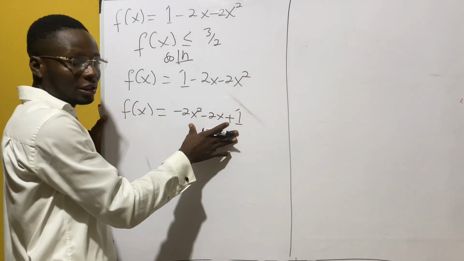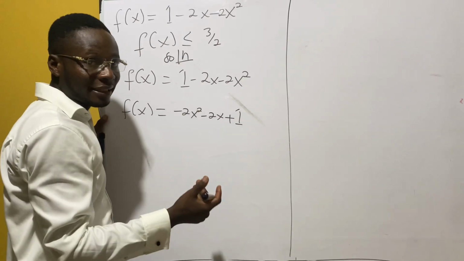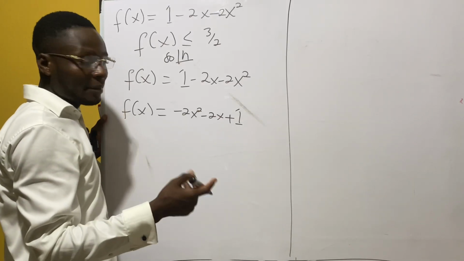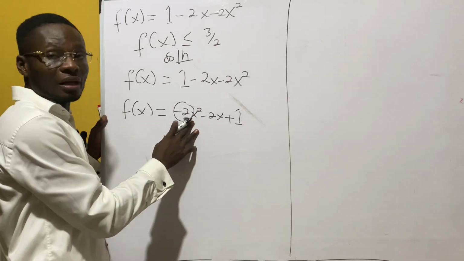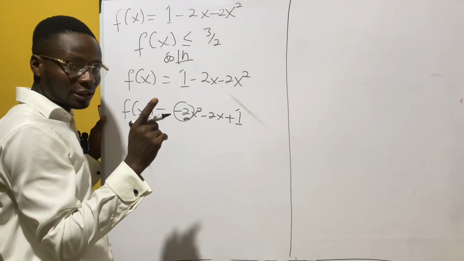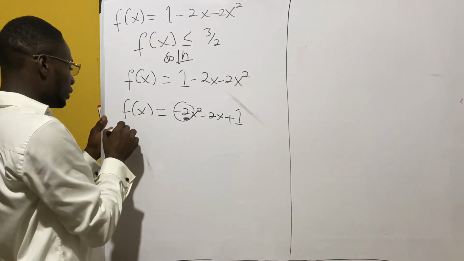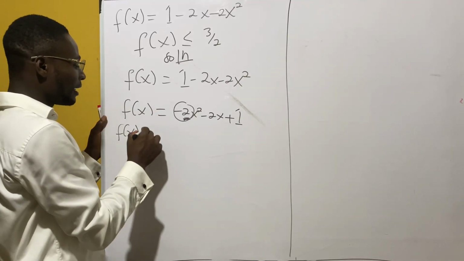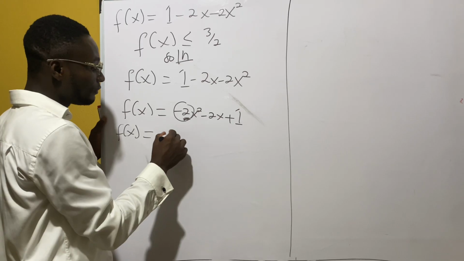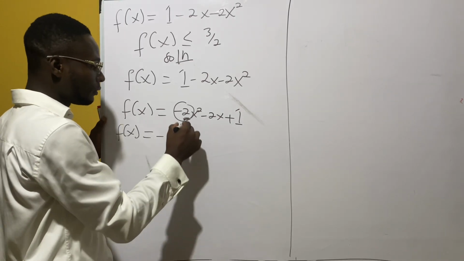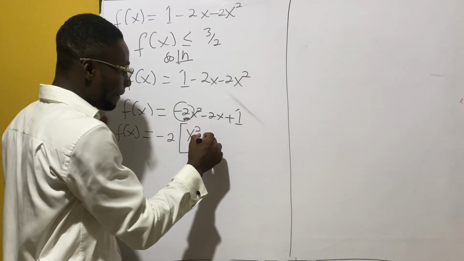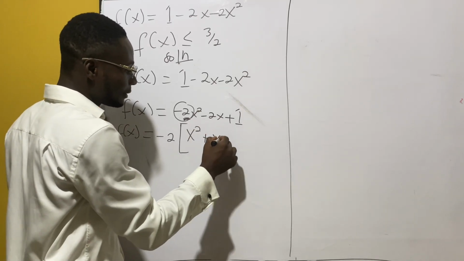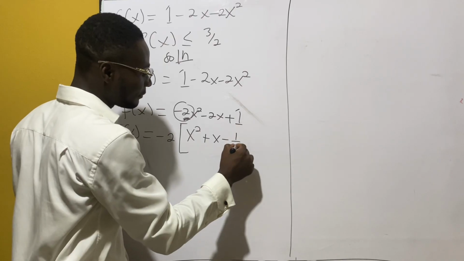But as we said before, to apply the completing the square method, you have to make sure that the coefficient of x squared is unity, or 1. So here you have f(x) equals negative 2 out, open brackets, x squared plus x minus half.